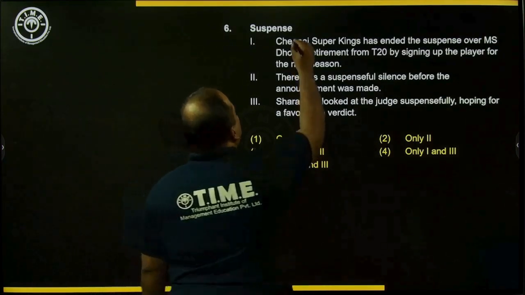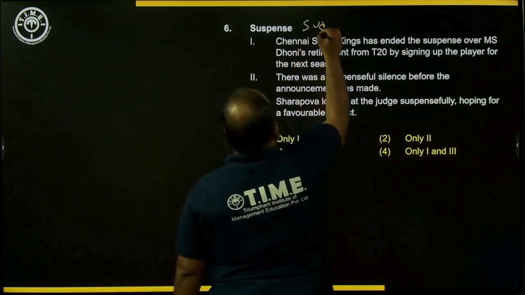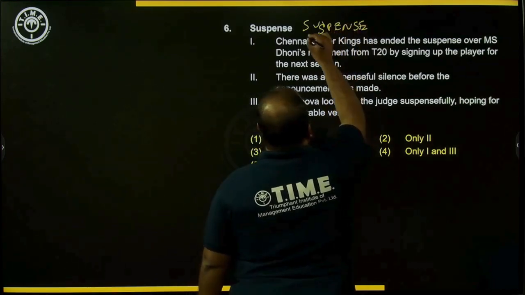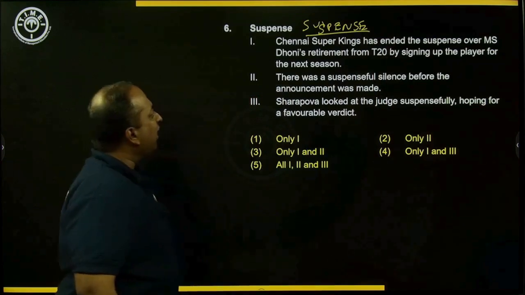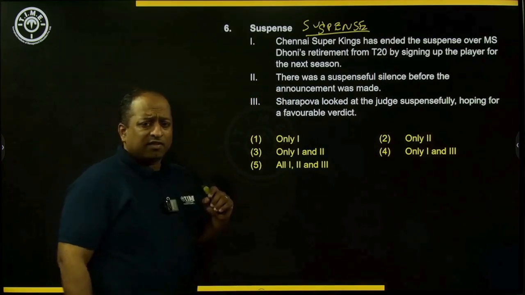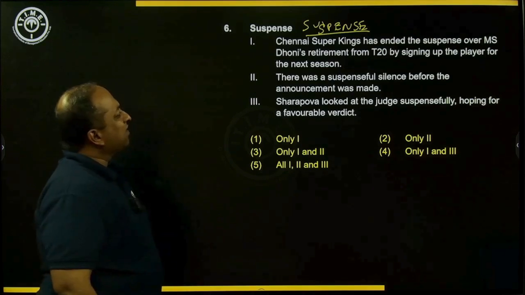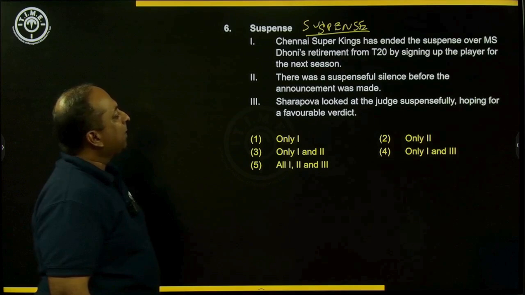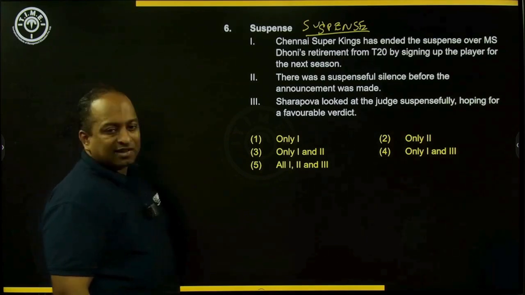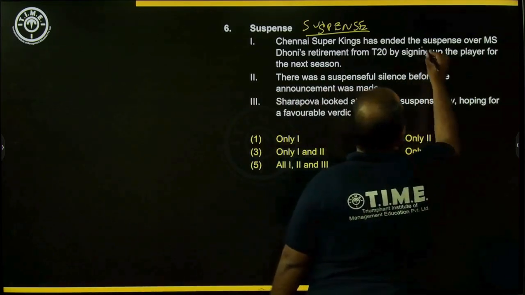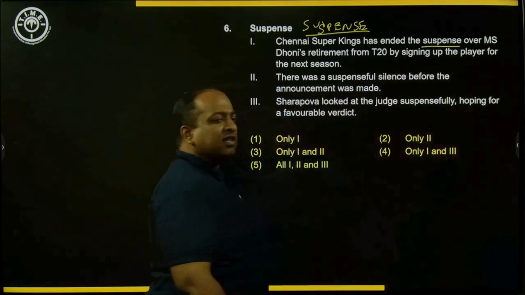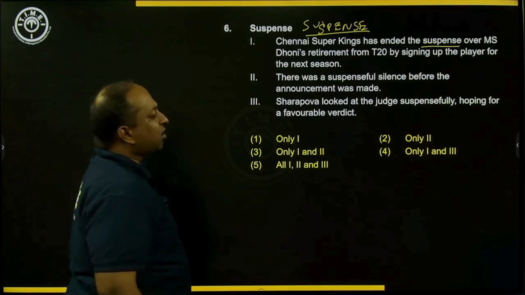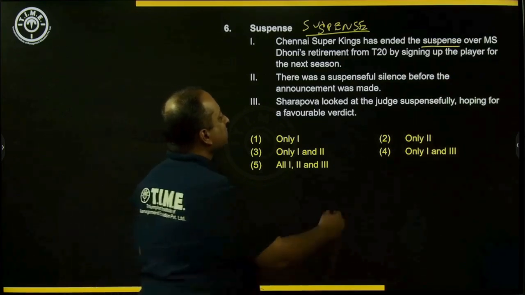Suspense. So the word we have got is suspense. Let's look at the ways in which the word has been used. Chennai Super Kings has ended the suspense over MS Dhoni's retirement from T20 by signing up the player for the next season. So it has ended the suspense, used in the same way. There was a suspenseful silence before the announcement was made.